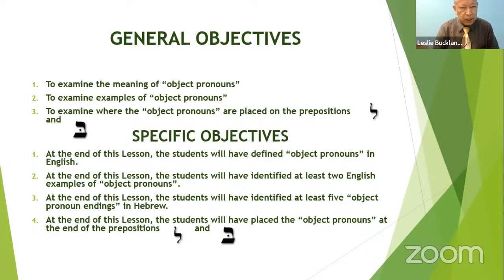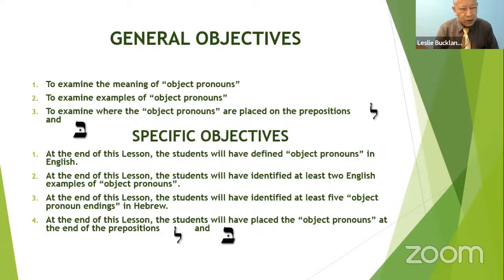The specific objectives are, at the end of this lesson, the students will have defined object pronouns in English. 2, at the end of this lesson, the students will have identified at least 2 English examples of object pronouns. 3, at the end of this lesson, the students will have identified at least 5 object pronoun endings in Hebrew.